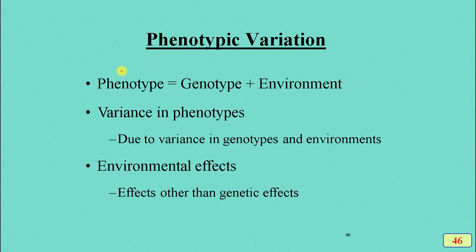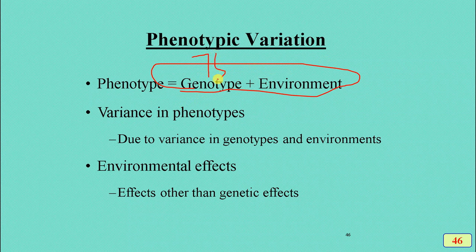Whereas for phenotypic variation, phenotype is equal to genotype plus environment. So usually the genetic makeup is also very important. It contributes about 75 to 85% of it. Whereas the environment plays a little less of a role, and depending upon the food, etc., it also changes.